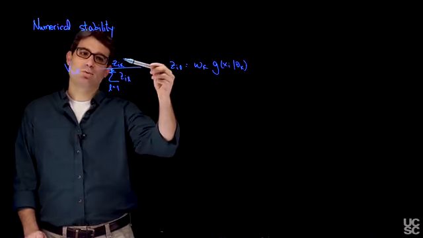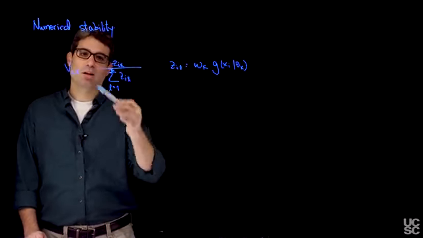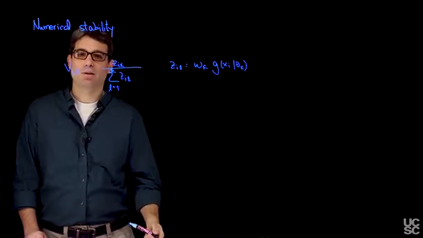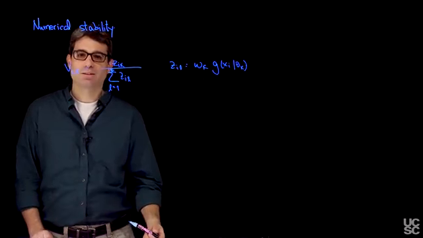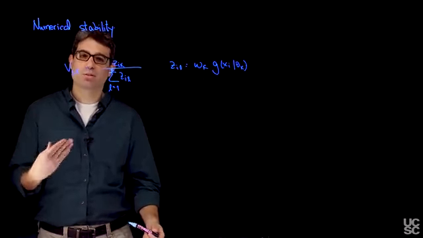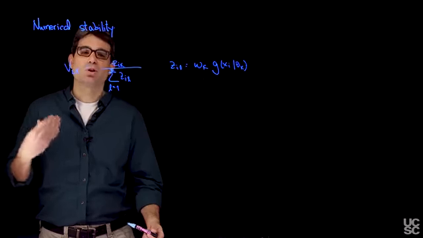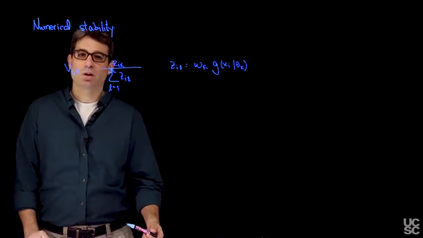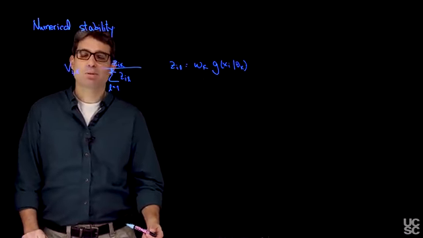And in that case, you end up trying to divide 0 by 0, which is clearly something that doesn't have an answer. So to avoid that kind of numerical issue that arises not because of the algorithm per se, but because of the fact that the computer has a finite representation, we are going to need to adjust the way we do the calculations. And actually, the adjustment is very simple.